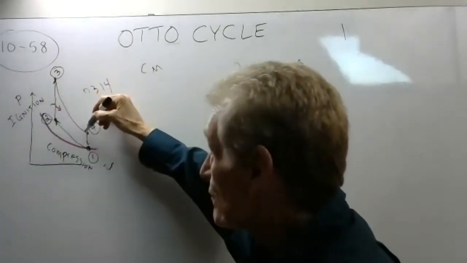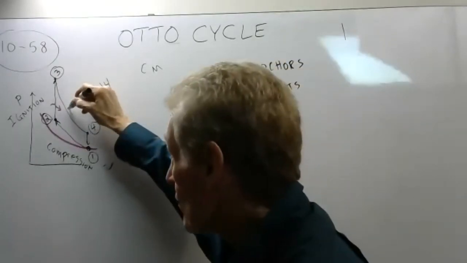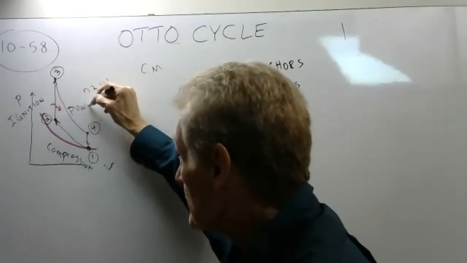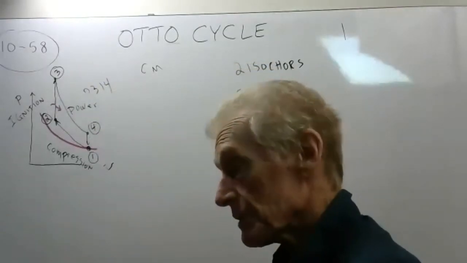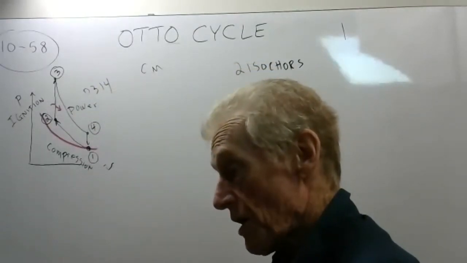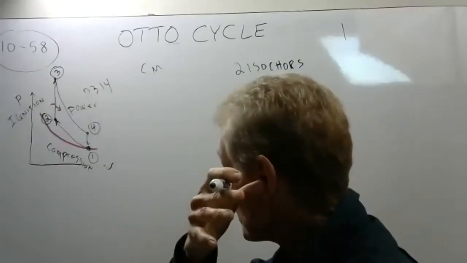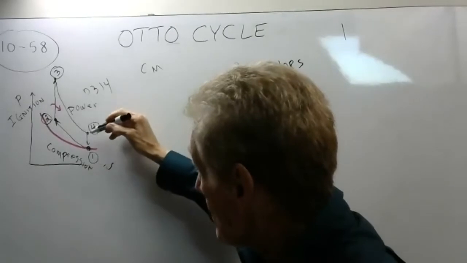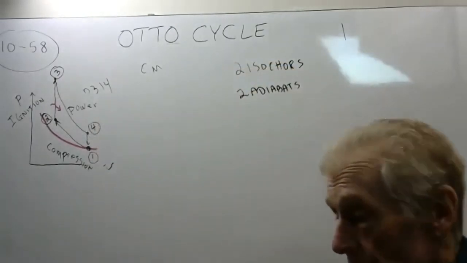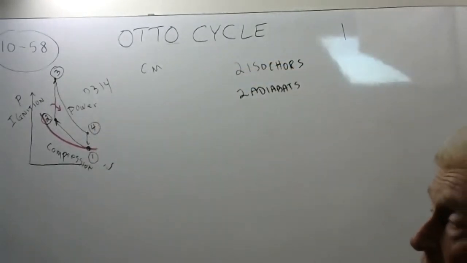And then 3 to 4 is your power stroke. And see, your piston expands because the gas burns, it gets hot. The gas expands, you've got your power stroke. Now 4 to 1 is a model of your exhaust and your intake.